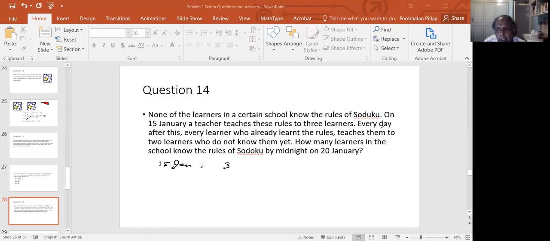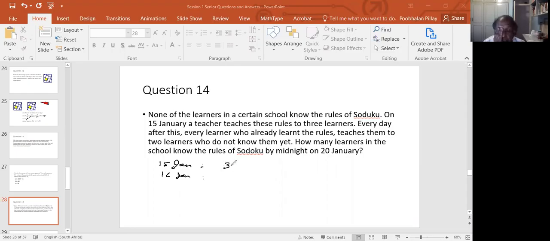Right. Now, every day after this, in other words, on the 16th of January, for example, every learner who has already learned the rules teaches them to two learners who did not know them yet. Okay, so each of these 3 people, they know the rules.